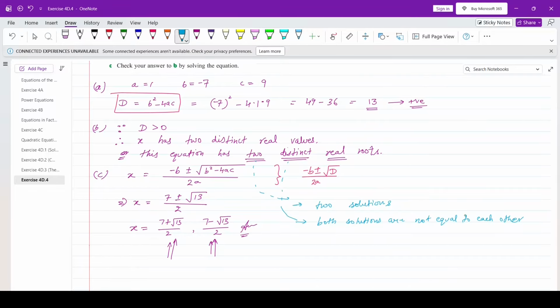Had they been equal, we would only have either one solution, or we could have said two repeated solutions. And real means there is no negative value in the third part.